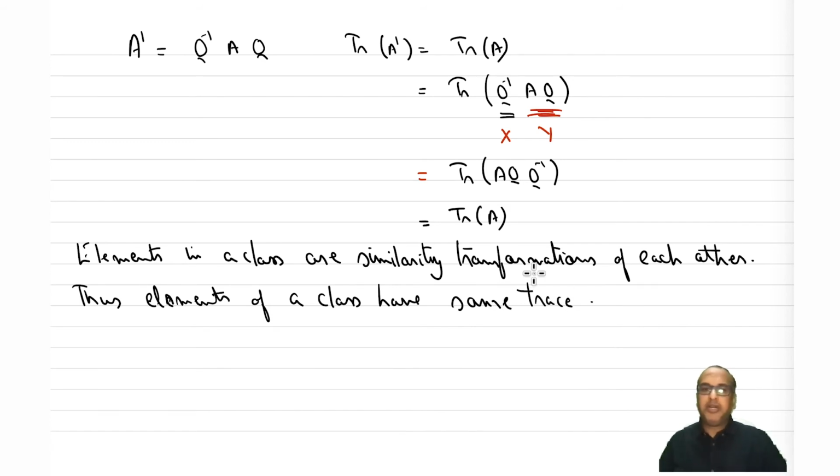So thus, if we have determined the matrix representation of one of the class elements, we don't need to determine the matrix representation for the rest of the class elements, because the trace of the two elements will be equal.